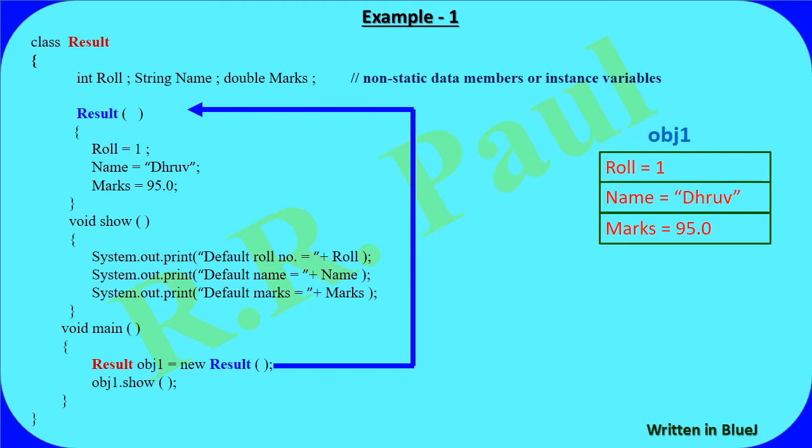On the right hand side of the screen, you can see a grid drawn, having obj1 as the heading, then roll equals 1, then name equals Dhruv, then marks equals 95.0. What is this? It shows that memory gets reserved for each of the data members which are associated with the object obj1 as soon as this object is created.